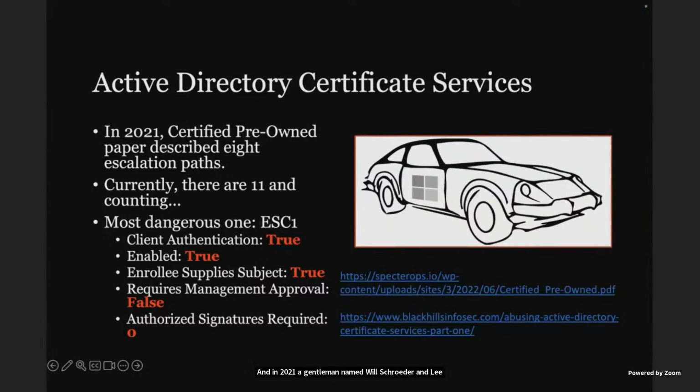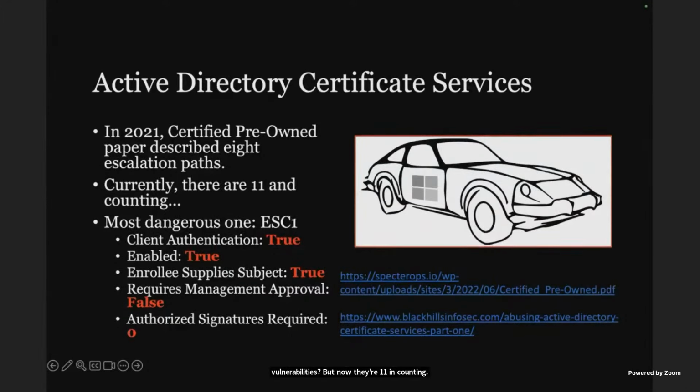They described escalation paths that you can take advantage of in Windows Active Directory Certificate Services. There are templates in Active Directory that, if misconfigured in the right way, can allow you to even become domain admin. Originally, the paper described 8 of these vulnerabilities, but now there are 11 and counting.